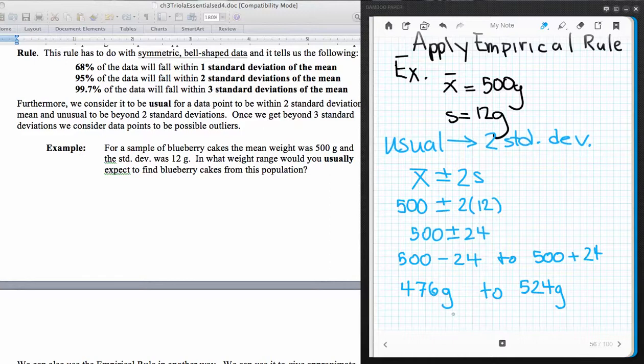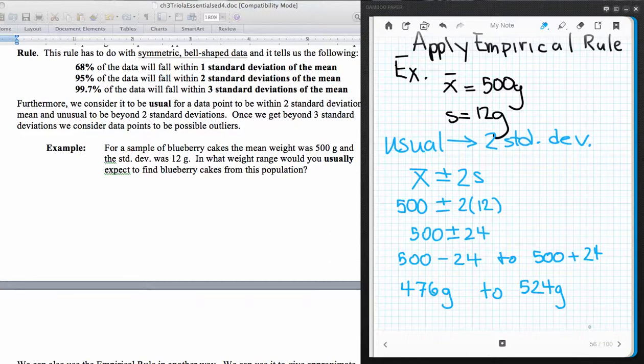Now in terms of inferences, what we could do with this is, maybe one day we go to the bakery and we take a sample of cakes that they've made, and we find out what that average is. Then we see if the average falls within this range of data. If it does, then we're pretty satisfied with that.